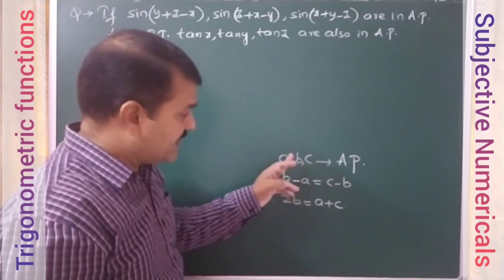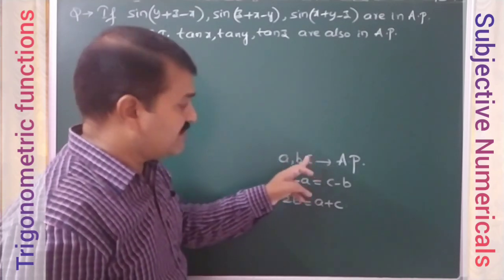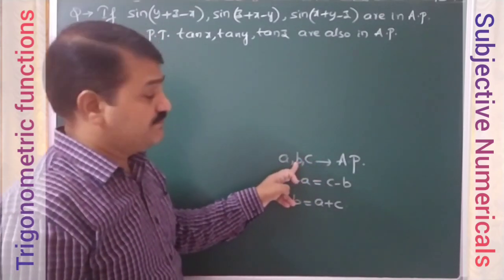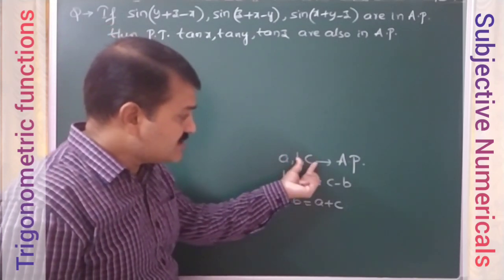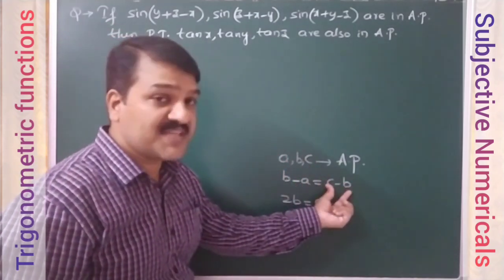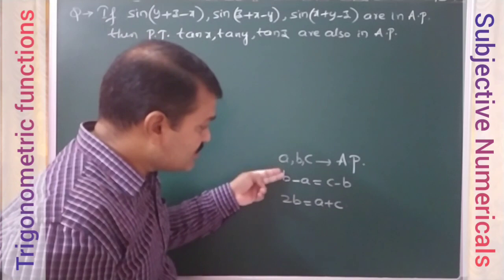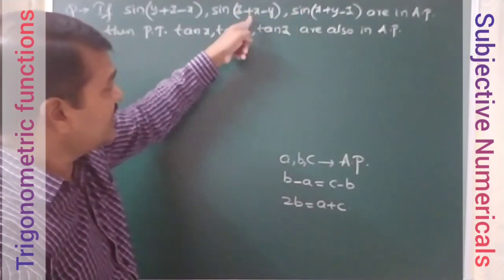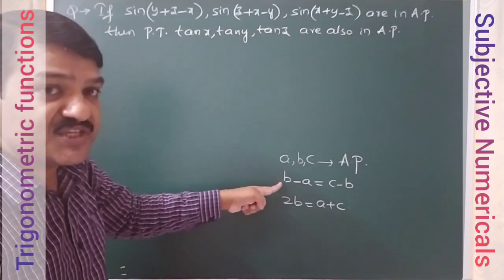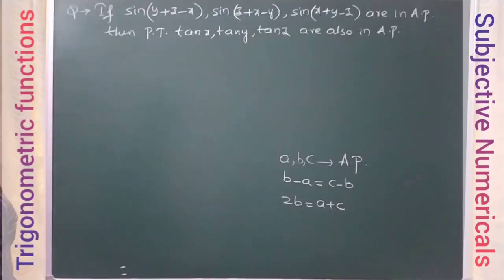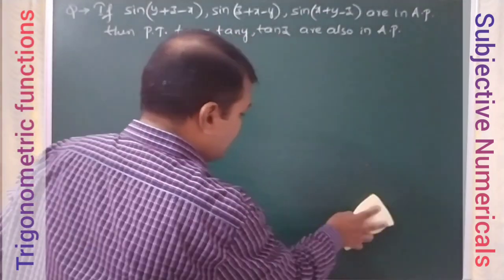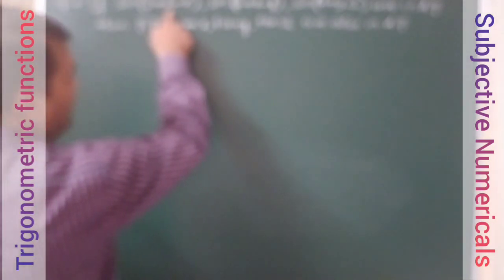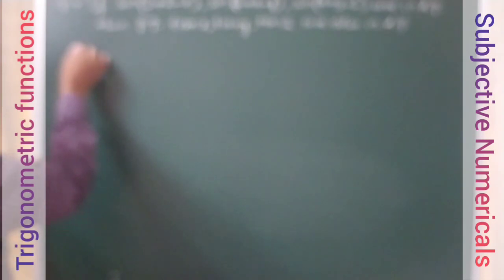The difference of 2 successive terms will be the same, so I will use this condition for the 3 terms which are given in AP. When I use this condition, clearly transformation formulas can be applied for these 3 terms.